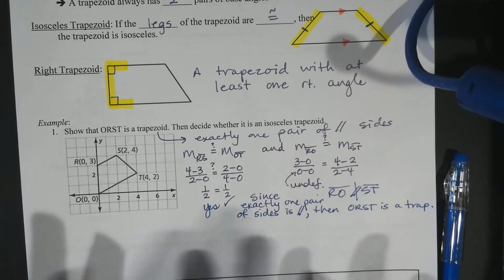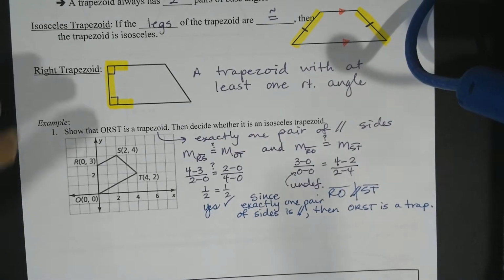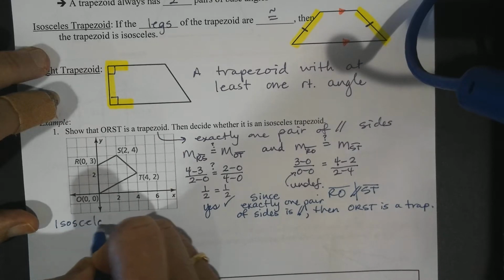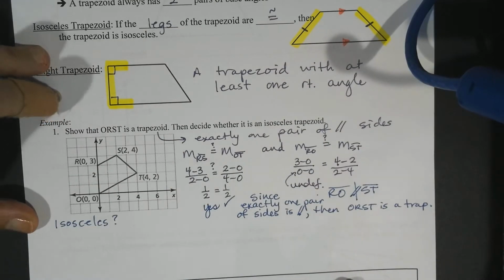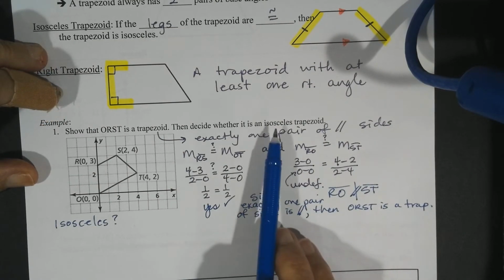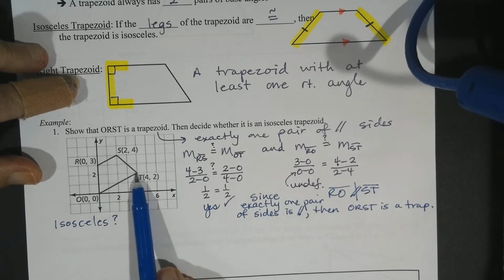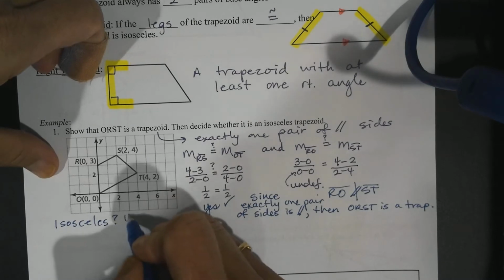Okay. Now the second part says isosceles. Check to see if it's isosceles, which means that you're going to check this against this with distance.